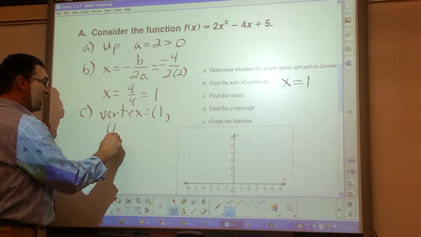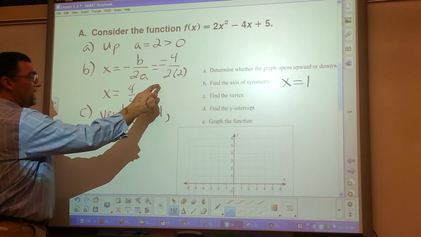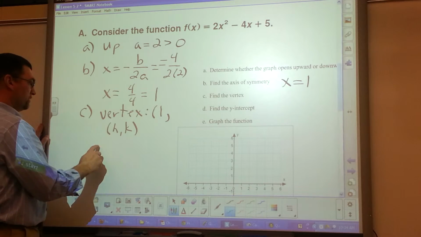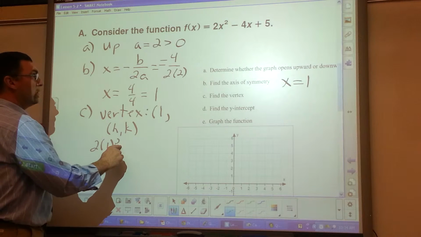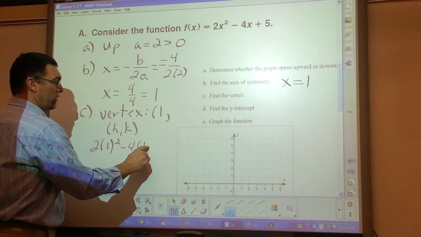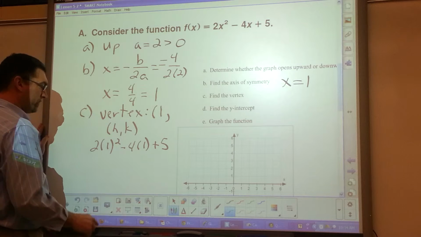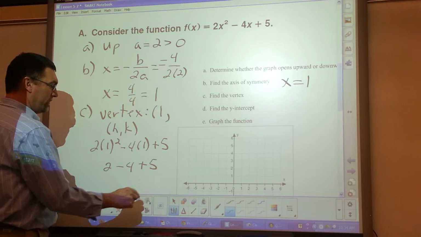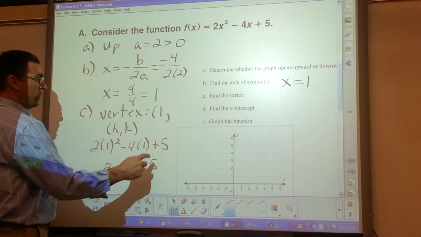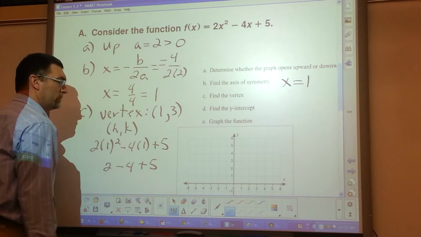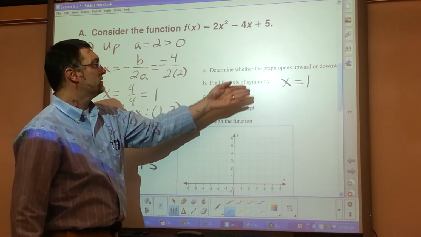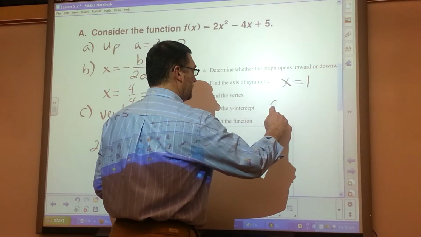Remember the vertex is h, k. h was 1, the axis of symmetry, so I need to find k. So we do 2 times 1 squared minus 4 times 1 plus 5. So we get 2 minus 4 plus 5. So 7 minus 4 is 3. So my vertex is the point 1, 3. The y-intercept is a number by itself, so that's 5.